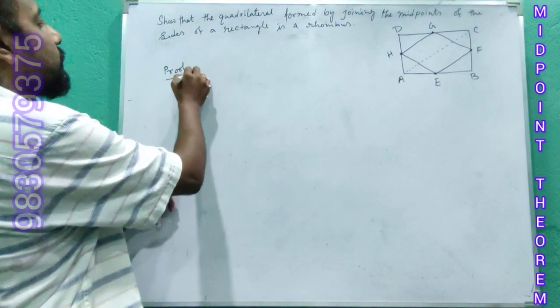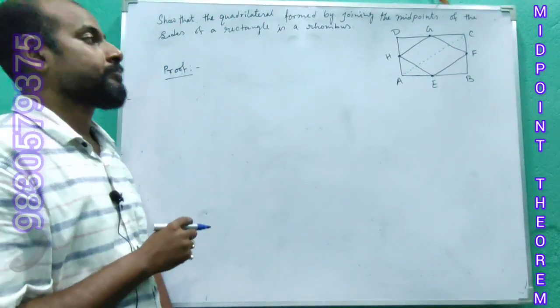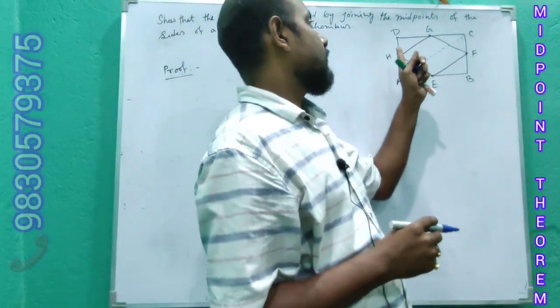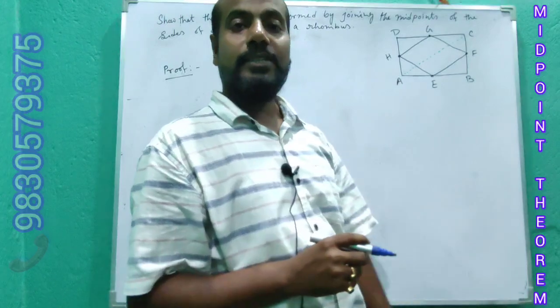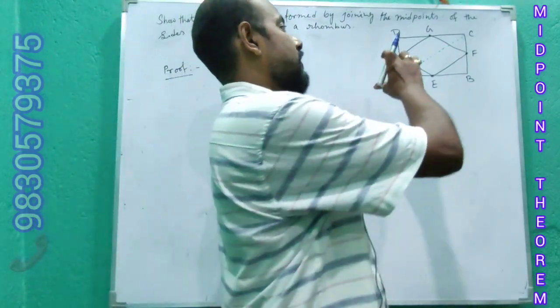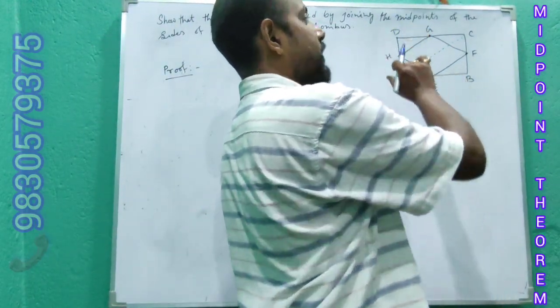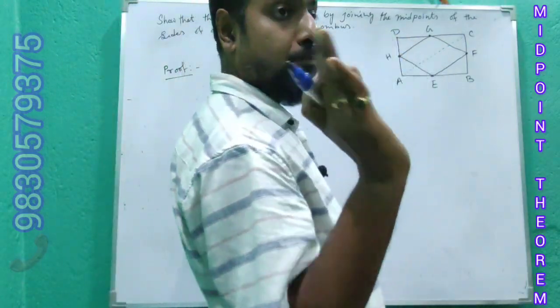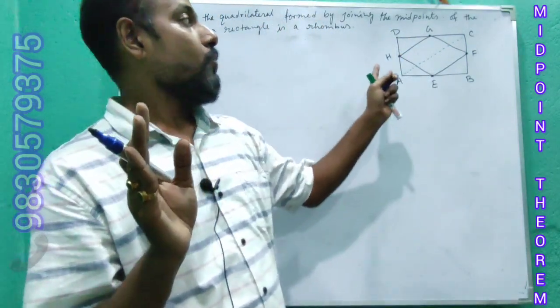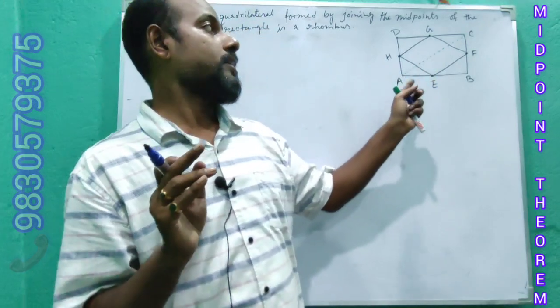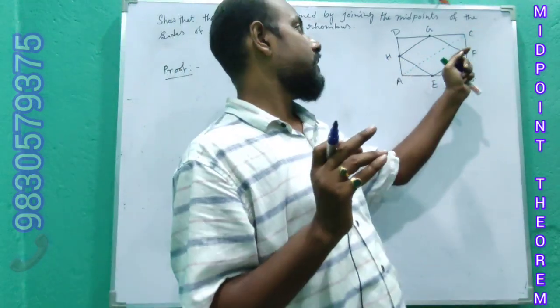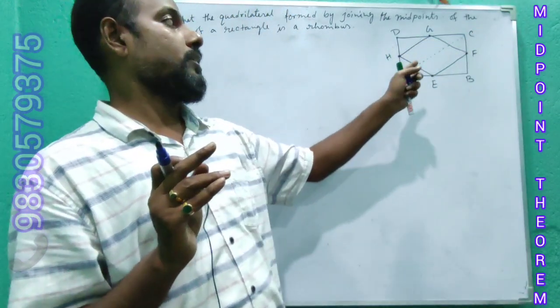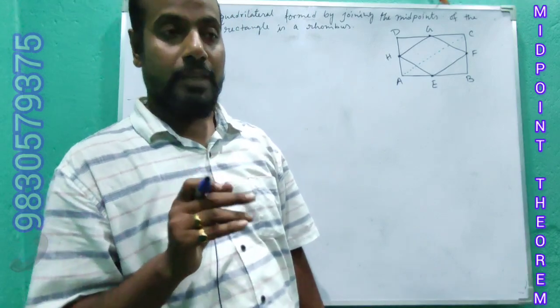Proof. See, ADC is a triangle in which H is a midpoint of AD and G is a midpoint of CD. So, by midpoint theorem, we can say GH is parallel to AC and GH is half of AC.